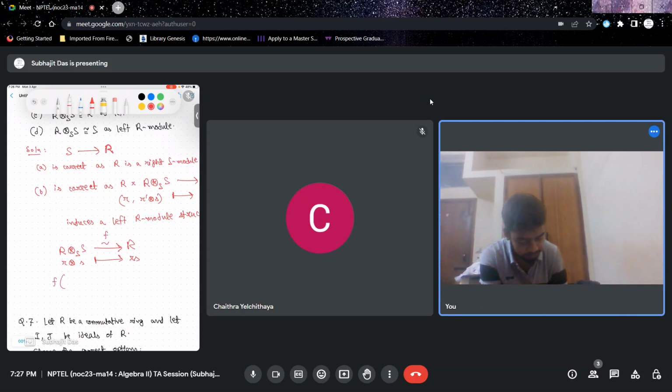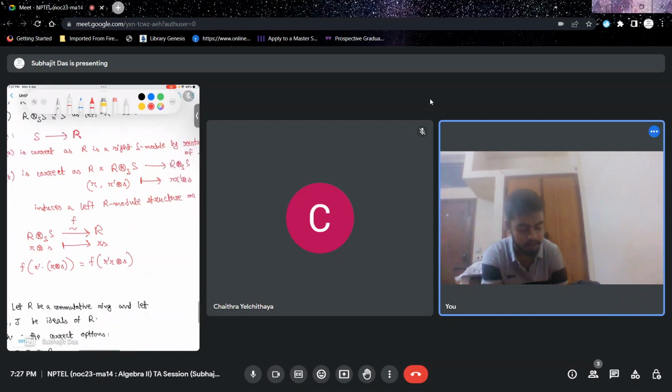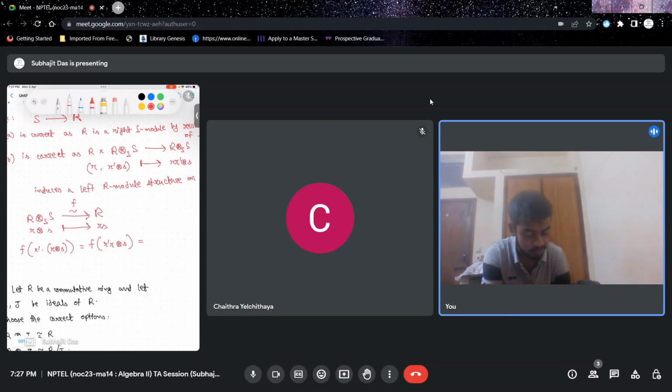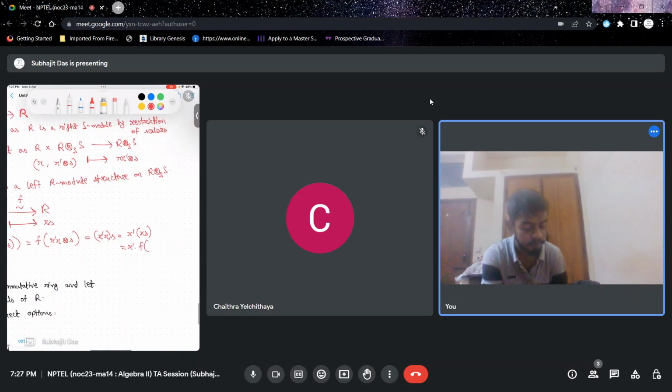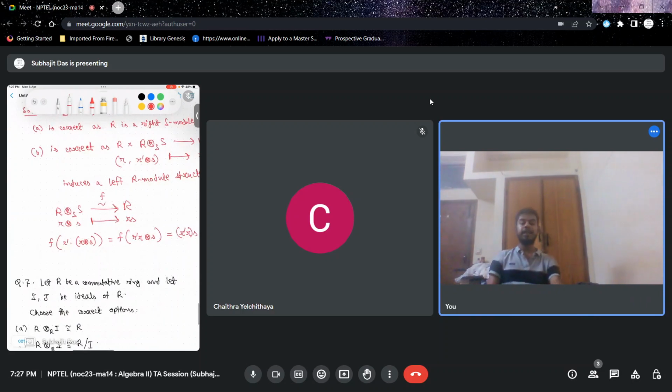So F of r prime dot (r tensored s) we define to be F of (r prime r tensored s). This was the module structure on the domain, and this is equal to r prime r s. Just use associativity in the ring R to get r prime rs, which is r prime times F of (r tensored s), which says that this isomorphism is actually an R linear isomorphism.